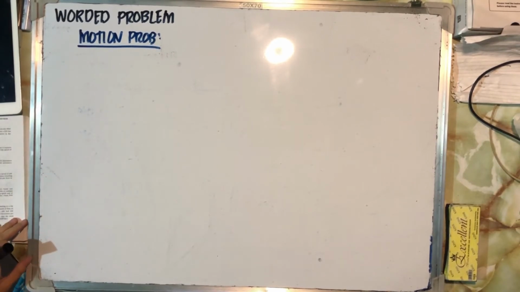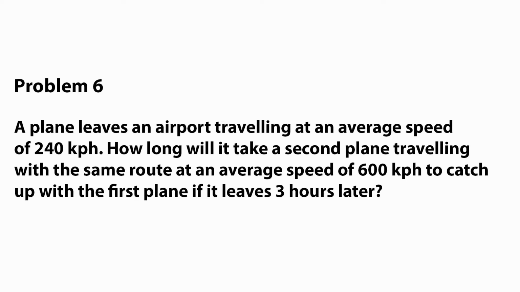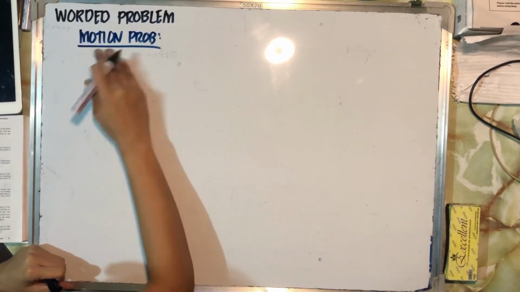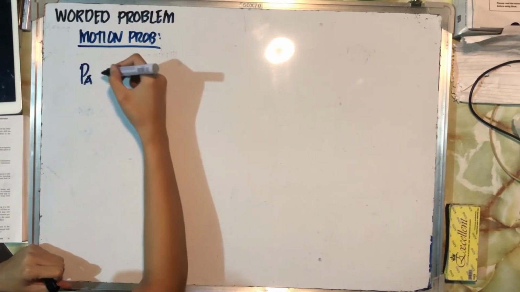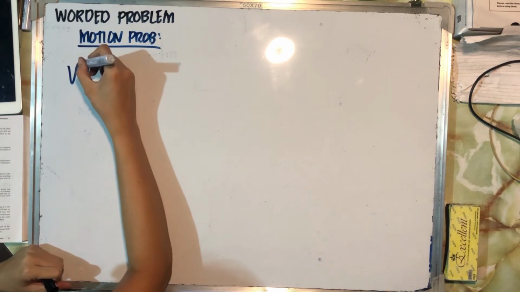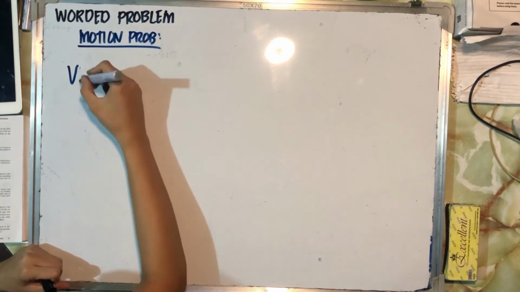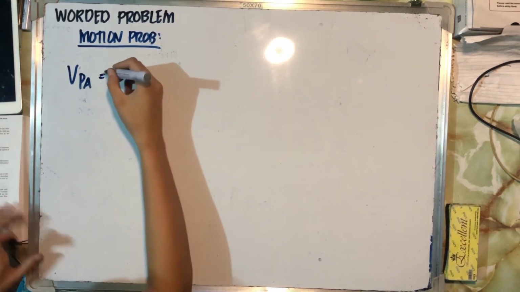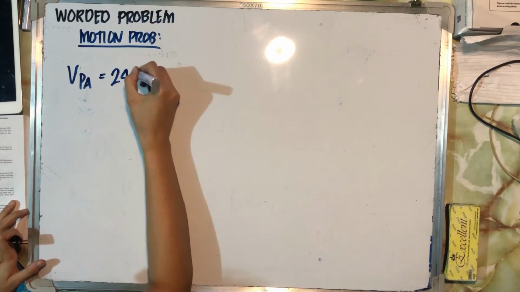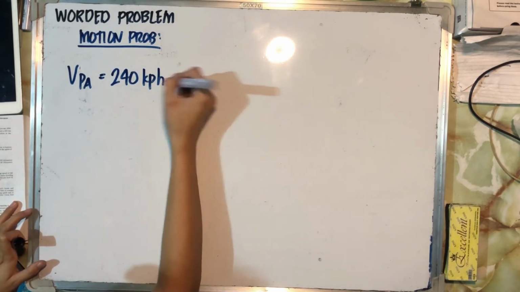Okay, another variation of our motion problem. A plane leaves an airport traveling at an average speed of 240 kilometers per hour. Okay, let's say this is plane 1 or plane A. Speed of plane A, V. Right, V of plane A is 240 kilometers per hour.